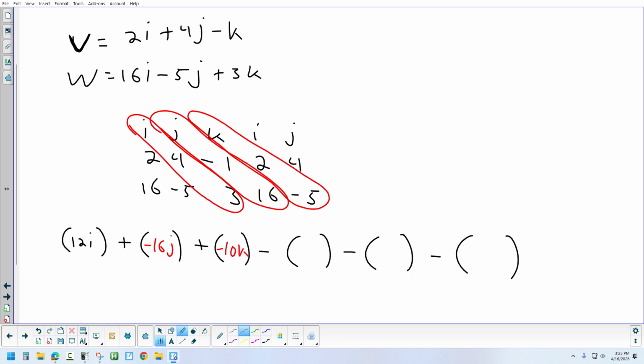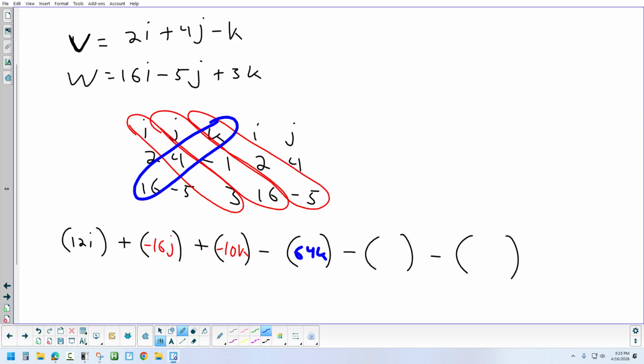Okay, and now the other ones are all going to be subtracted. Alexis, what's our first diagonal that goes down and to the left? K times 4 times 16. And what does that multiply to? 64K. And Travis, the next one.